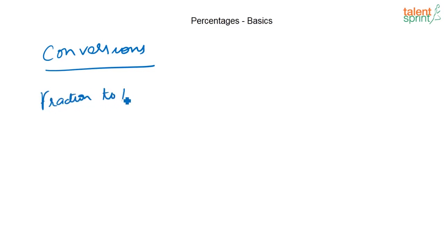Next thing that we all need to know is some very basic conversions, which we should all be knowing, because these conversions will definitely help us in solving a few questions faster. See, the first conversion is converting a fraction to a percentage. This particular conversion is not applicable only to percentage problems.